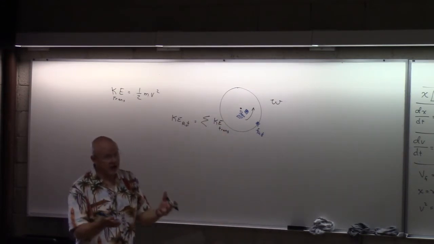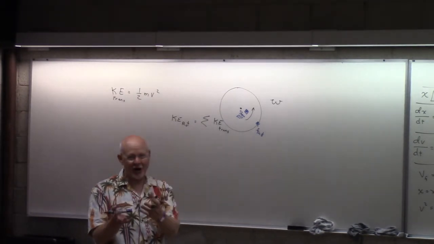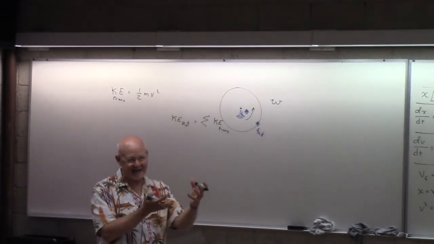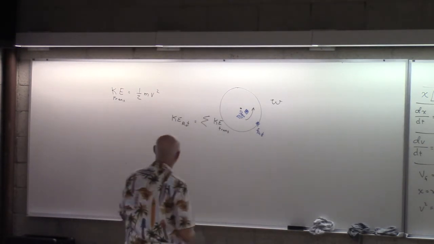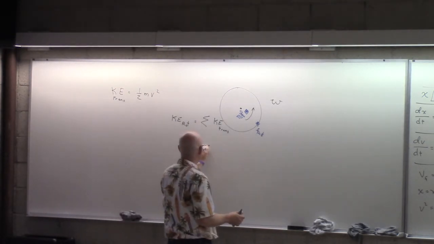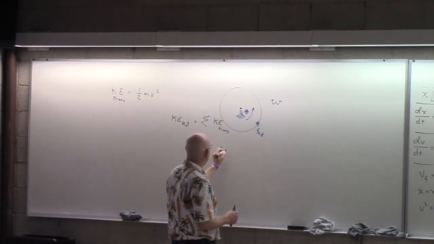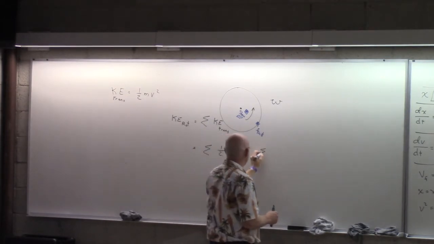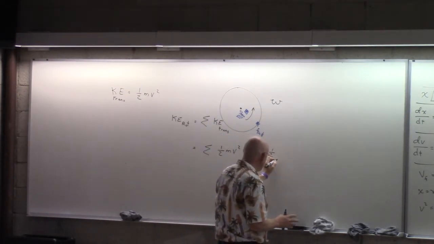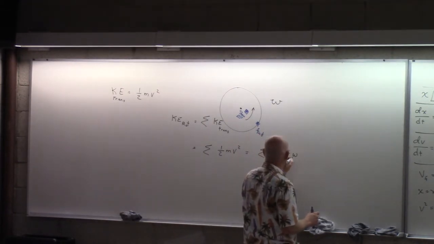But I'm hoping you'd also see that might be kind of hard to do because they're all going at a different speed. But luckily, we kind of covered this. If I would add them up, I would put 1/2 mv squared. But remember, the v is r omega.